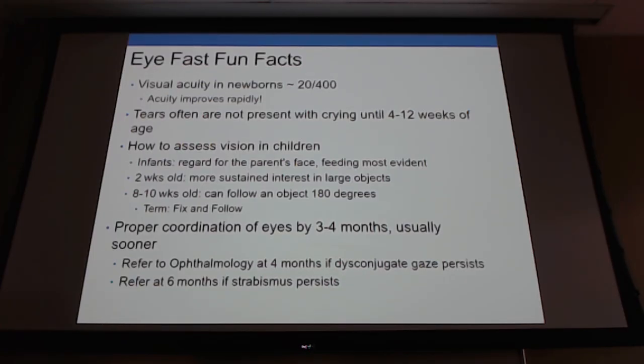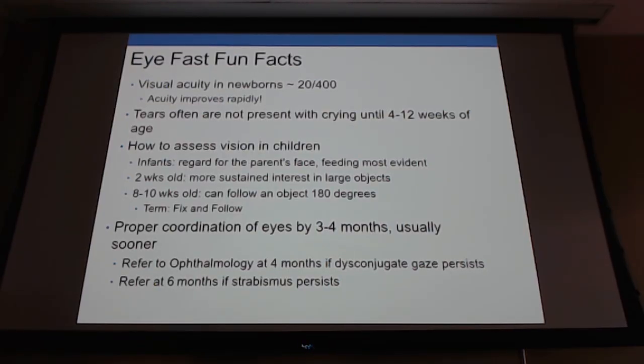At the very first part, the infants are going to just start to recognize faces, and really mostly who's going to feed me. So that's their big visual input there. Once they are able to sustain a little bit on an object, they can start, and then by the time they're 2 months old, be able to visually track or fix and follow. So it's one of those 2-month milestones.